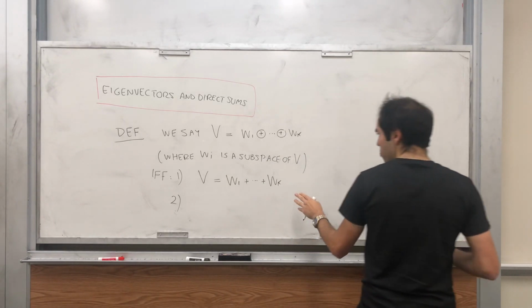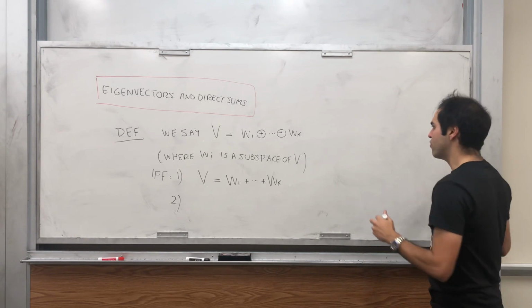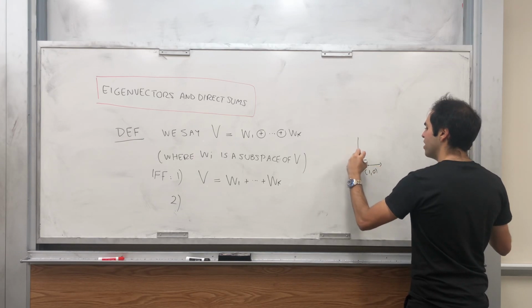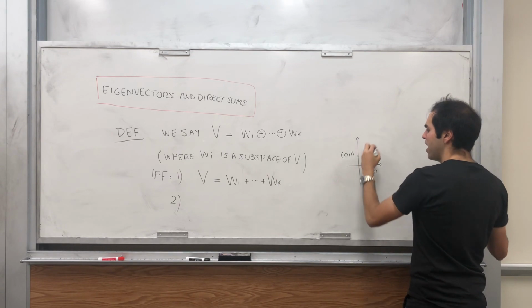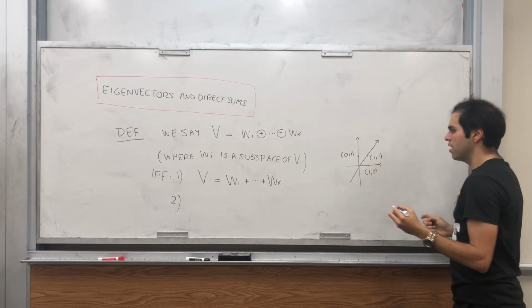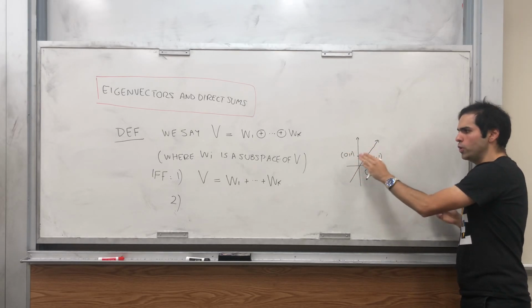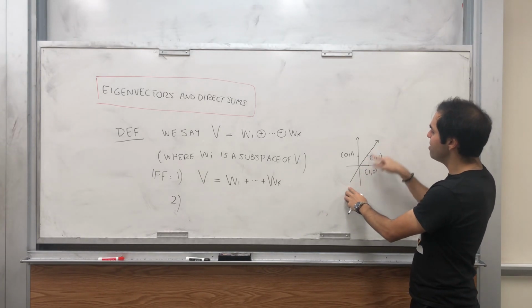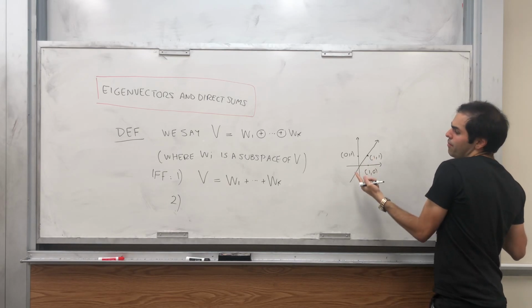But the problem is this is not enough to define what's called a direct sum, because look, for example, take the x-axis, which is the span of (1,0), the y-axis, which is the span of (0,1), and also the axis y equals x. It is true that R2 is a sum of those three things, but it's not very efficient. We can eliminate this y = x axis.